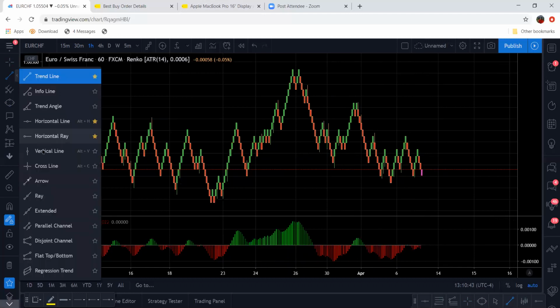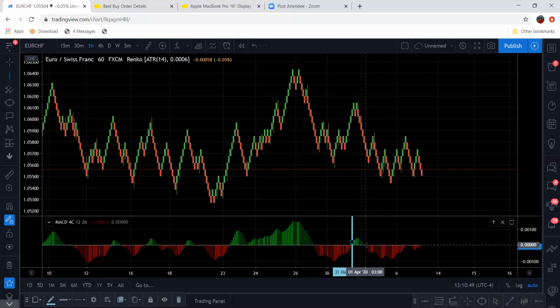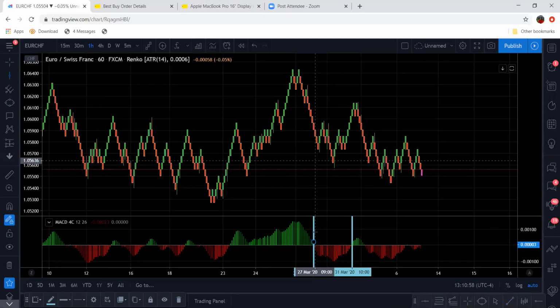Just to give you an idea, like I said, before price crossed back over the 31st, right here. See this? This is on the 1 hour time frame. It crossed over here to the downside on the 27th. We're talking about basically 4 days before it came back down.